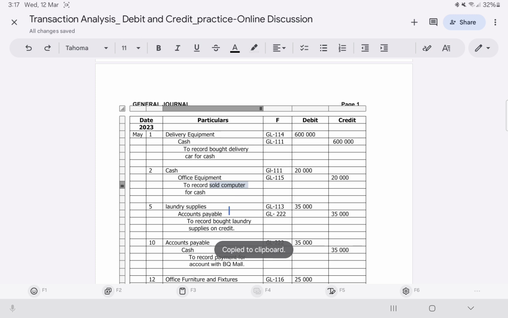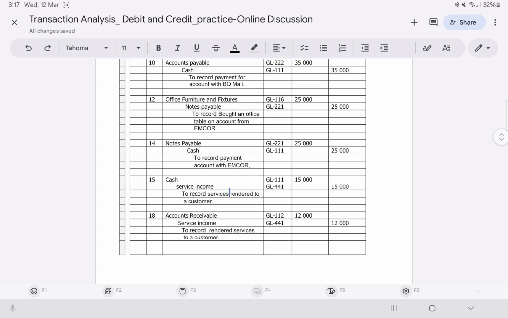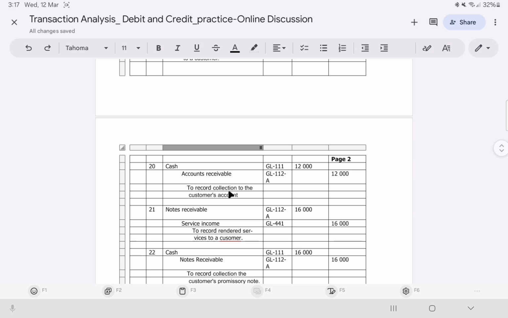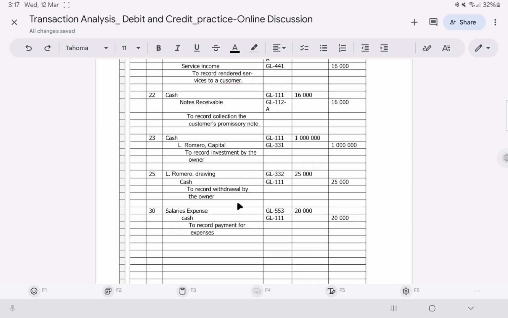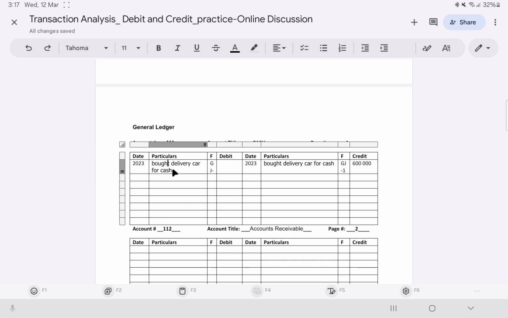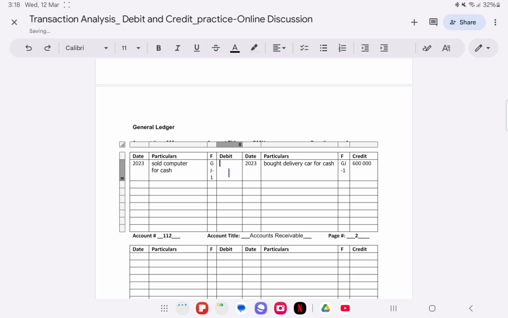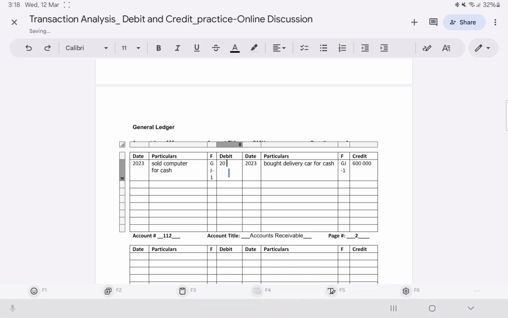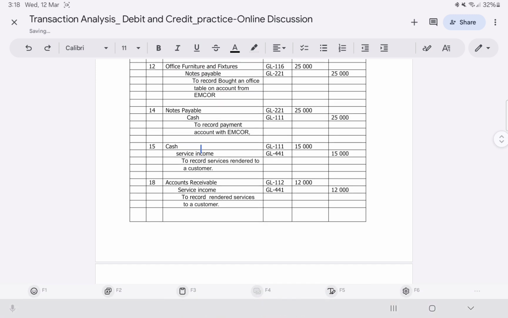This is the time that you are selling your computer for cash. This is debit: cash, sold computer for cash, JG1, 20,000 pesos.